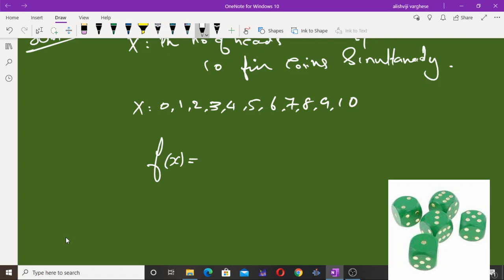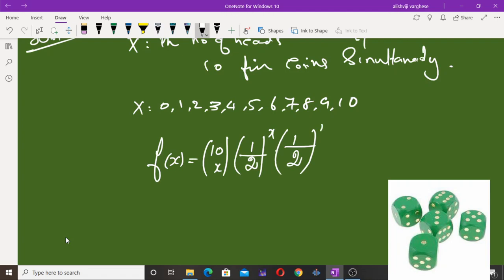Here f of x is equal to nCx, n is equal to 10 here, since we toss the coin 10 times. So 10Cx, we assume that the coin is a fair coin. So p is equal to 1 by 2, 1 by 2 raised to x. Then 1 minus 1 by 2 is again 1 by 2, 1 by 2 raised to n minus x, or 10 minus x clearly. And x can take values 0, 1, 2, 3 up to 10.